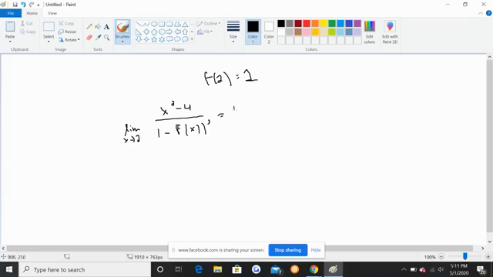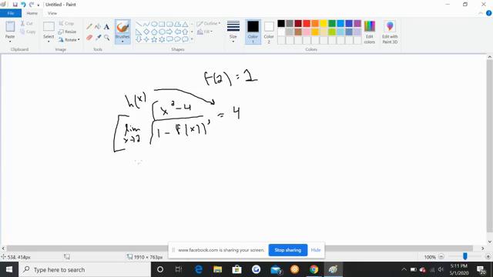Because it had already told us that this is the limit of h of x, and we know that h of 2 is equal to 4, and since h of x is continuous, we already established that earlier on. So the limit of h of x as x approaches 2 has to equal 4, correct?